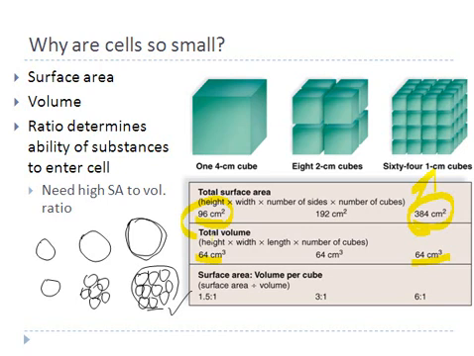Now, some cells, for example, nerve cells and some large plant cells, are long and thin in order to keep the cytoplasm near the plasma membrane. There are other cells that are more specialized in absorption, and they will even have more surface area per volume of the cell, and this is done by having more invaginations or more folds on the plasma membrane, or the outside membrane.